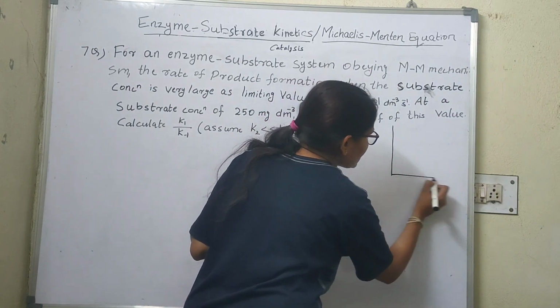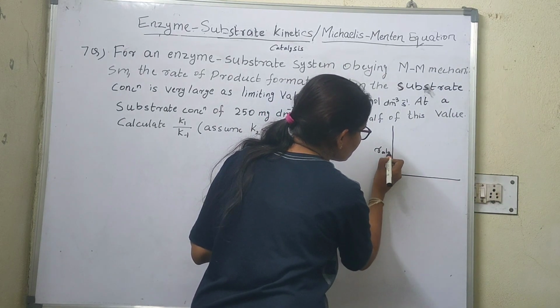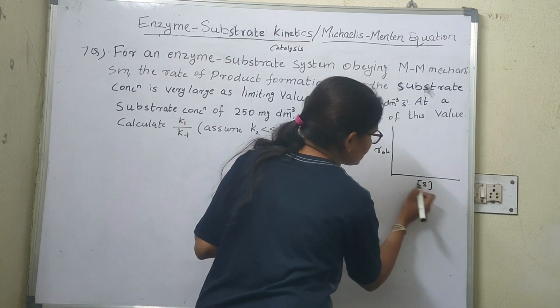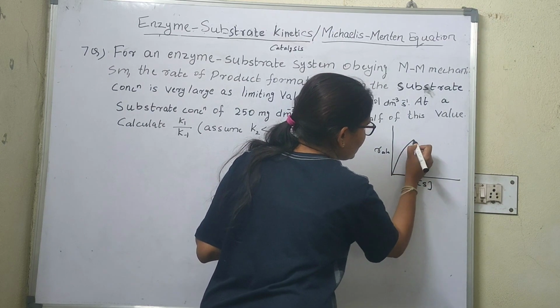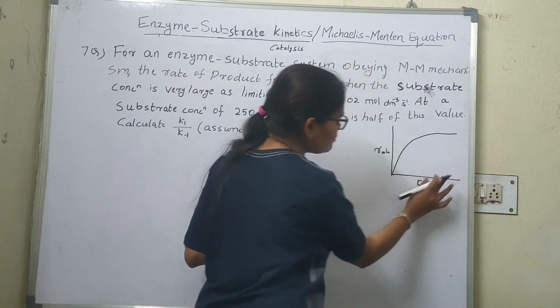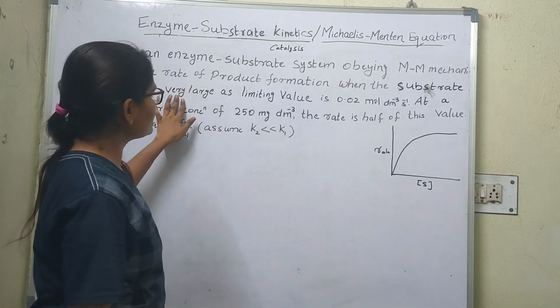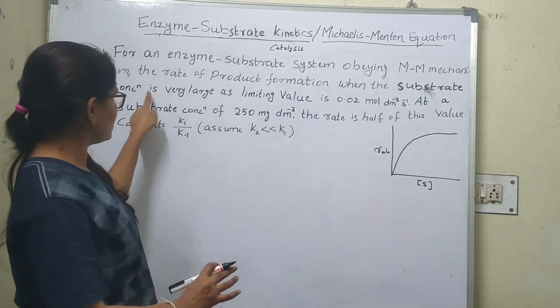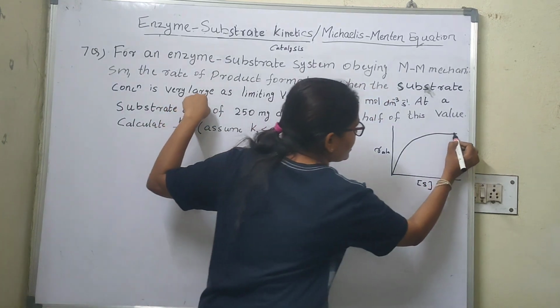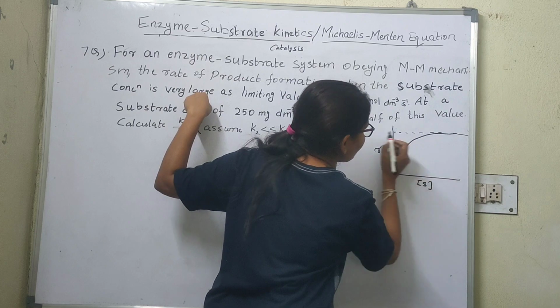So in the previous class we have learned that rate versus concentration of substrate will be like this. So this graph will be like this. They said at very large substrate concentration, that means here the rate becomes Vmax.